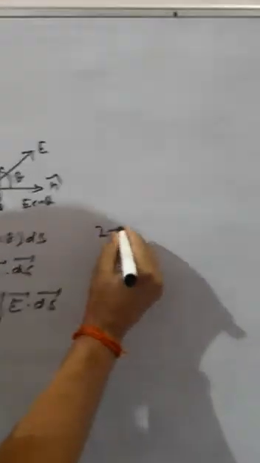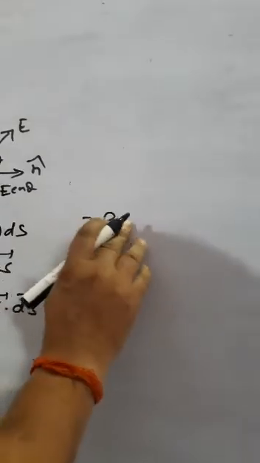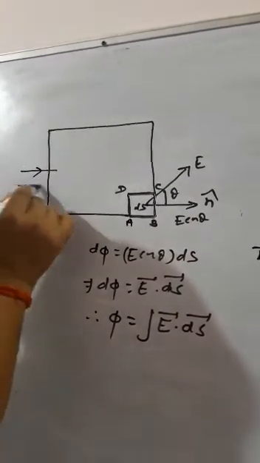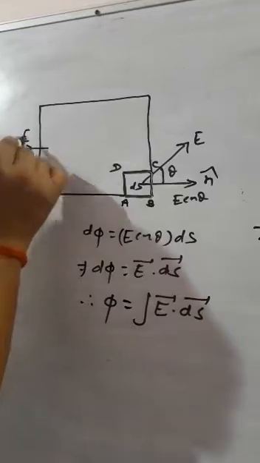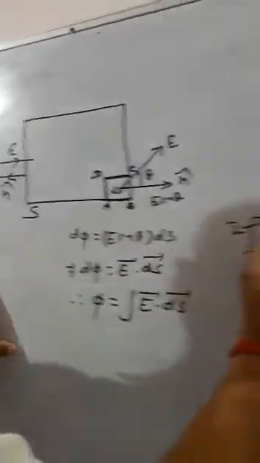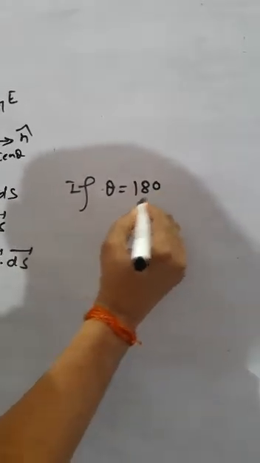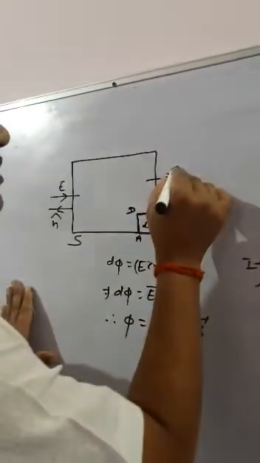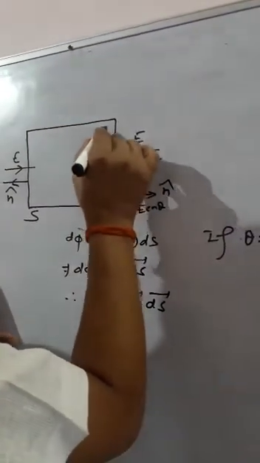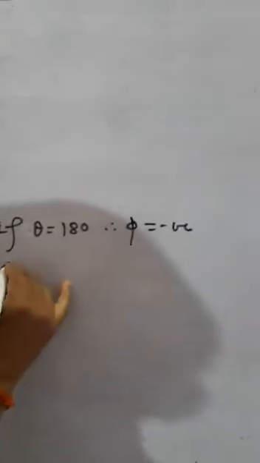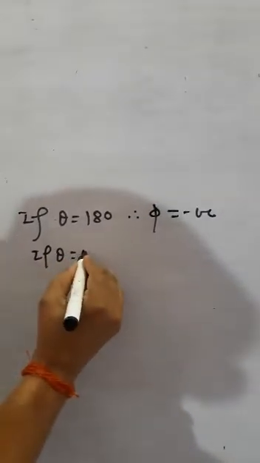If lines of force enter the surface, then the angle between the electric lines of force and the outward normal is 180 degrees. Therefore, flux is always negative. And if lines of force leave the surface, then the angle between the outward normal and the electric field is 0 degrees.